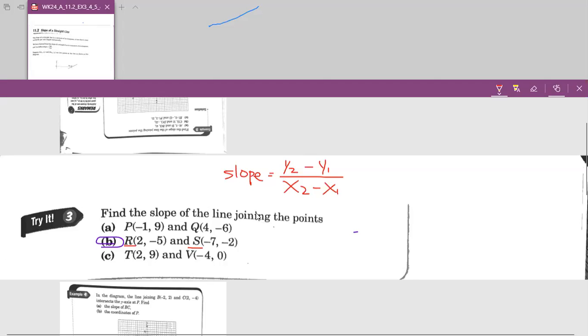All right. So now, Timmy, can you answer my question if you can see the screen right now? We want to figure out the slope of RS. This is question B. So can you tell us what is Y2? -5 and -2.